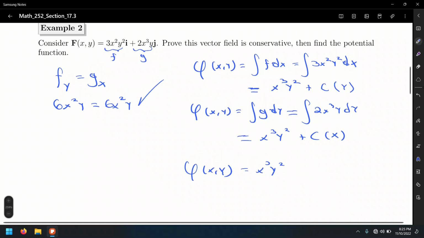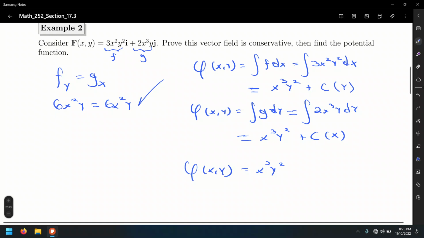This c of y would have been a function that just depends on y if it appeared in the second integration with respect to y, but we didn't get such a thing. In the same way, we could have gotten a function that depends only on x in the integration with respect to x. In this simple case, we didn't get anything like that. However, you'll see what's going to happen in further examples.